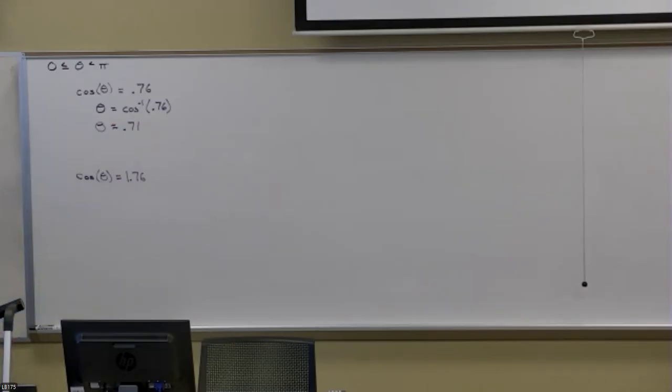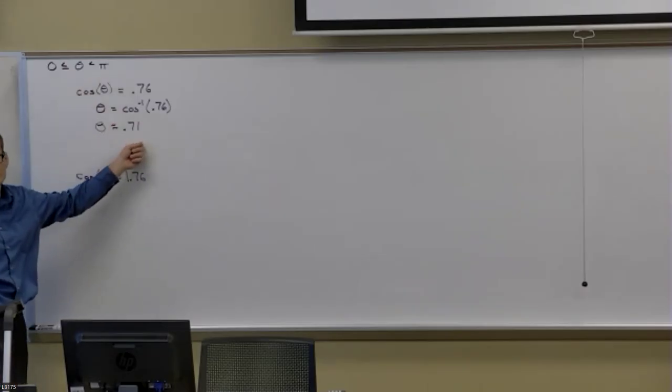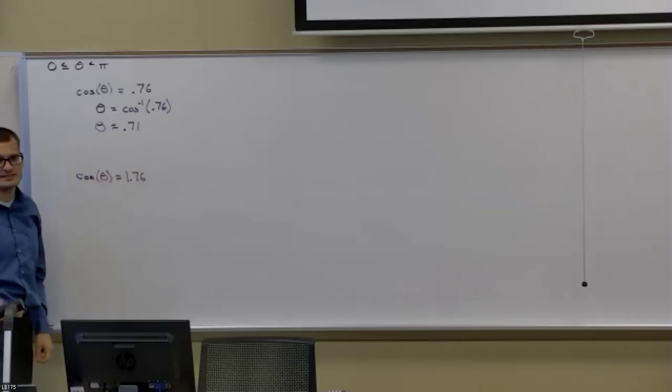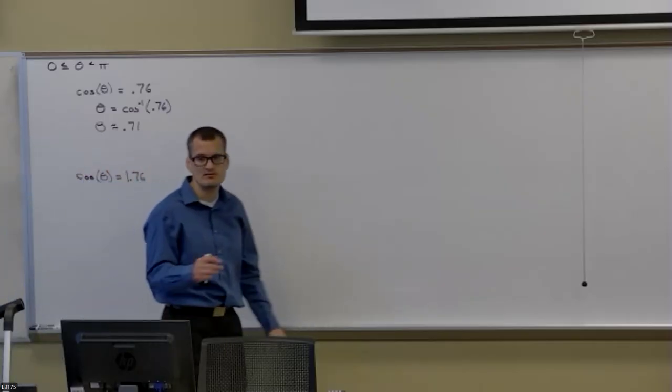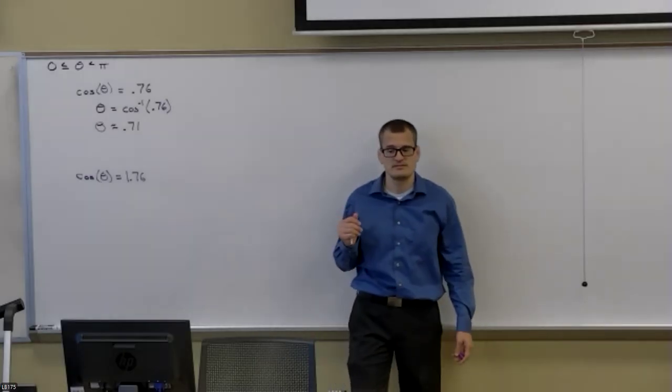We wanted an angle between 0 and pi, which satisfied that. 0.71 is between 0 and pi. Remember, pi is about 3.14. So 0.71 is between 0 and 3.14. So we're done. That's the whole thing.